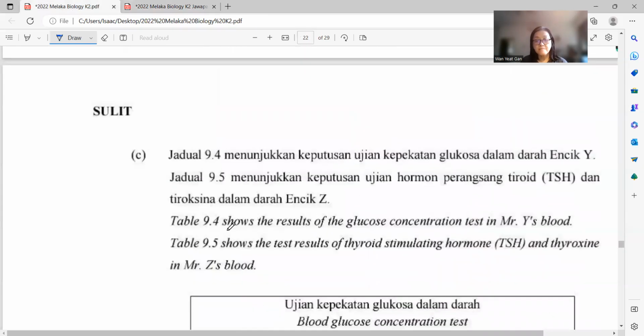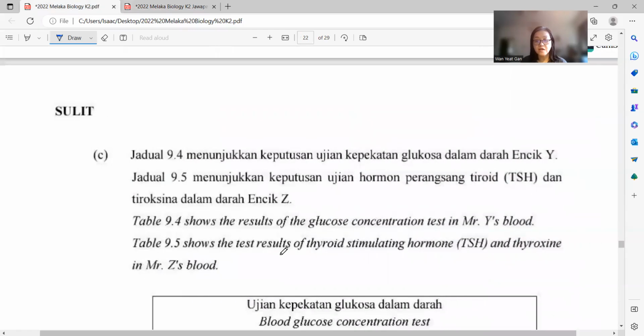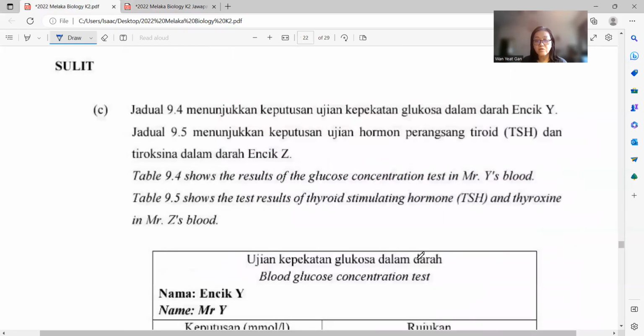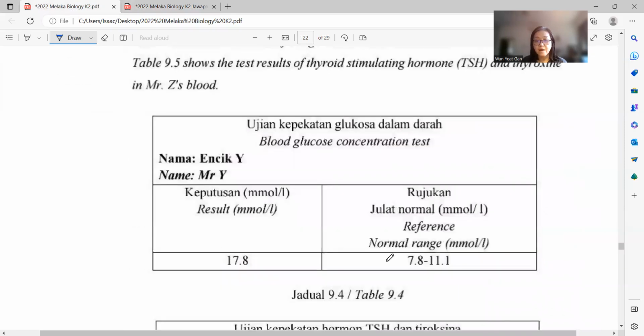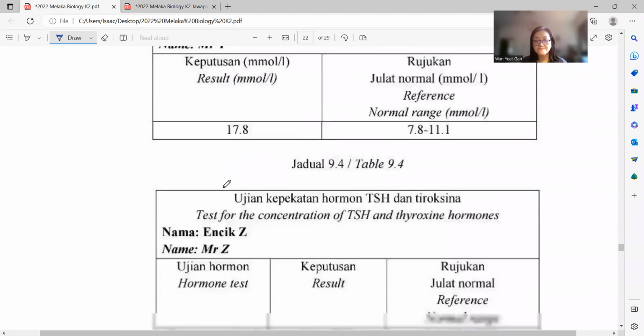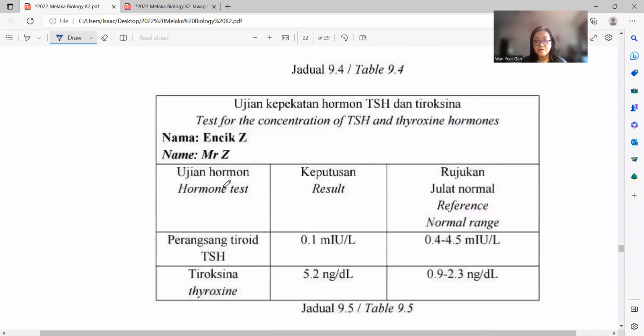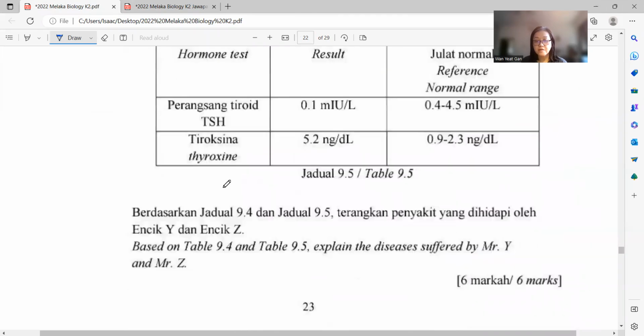Table 9.4 shows the result of the glucose concentration test in Mr. Y's blood. Table 9.5 shows the test result of TSH and thyroxine. So you have the blood glucose concentration test, as well as the TSH and thyroxine test.